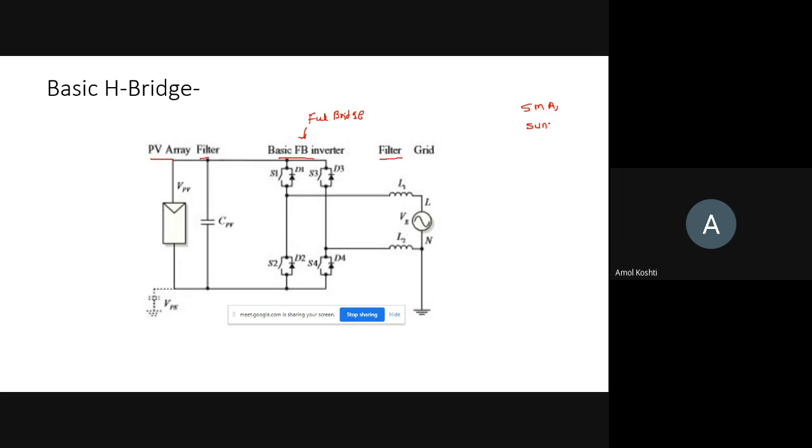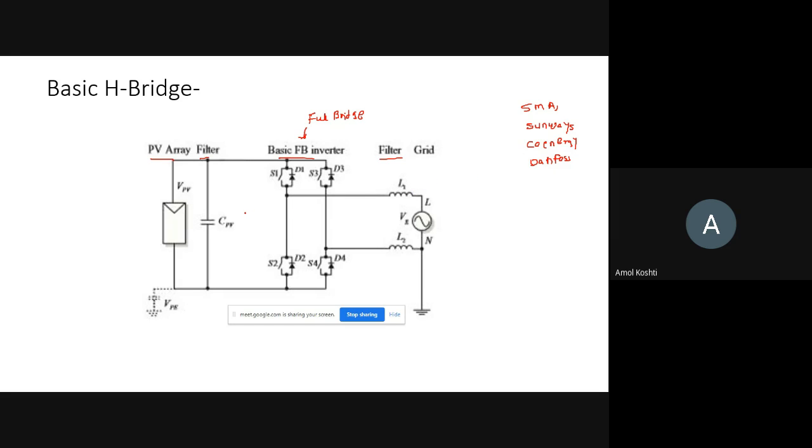Then there is another company named Sunways. Then Ko Energy is also one of the companies. Then Danfoss is also one of the companies who manufacture this type of PV inverter. These are referred to as high efficiency inverters.